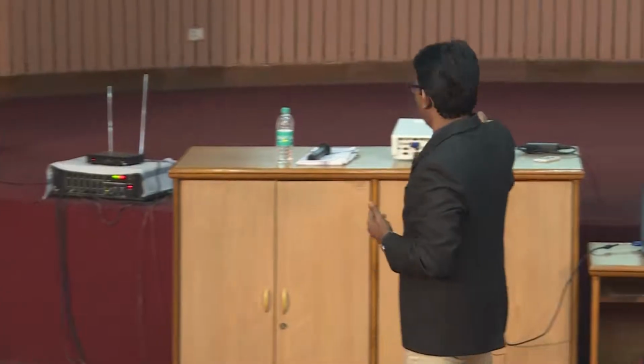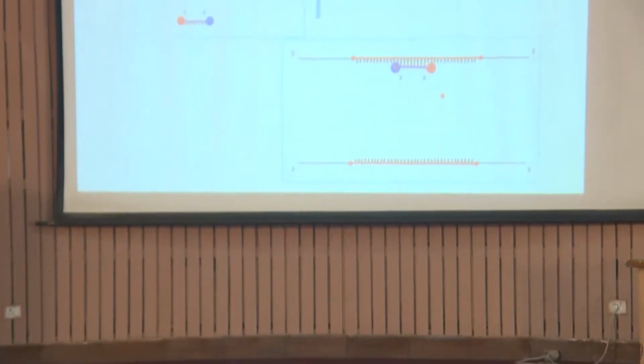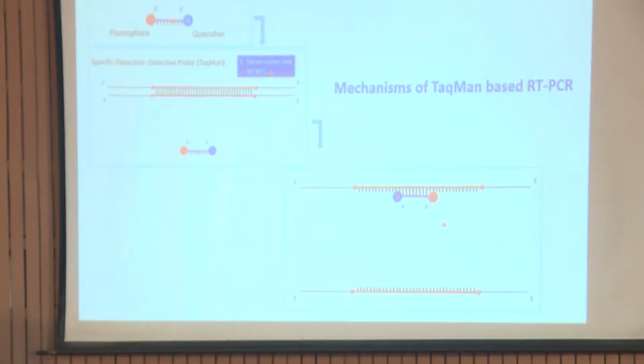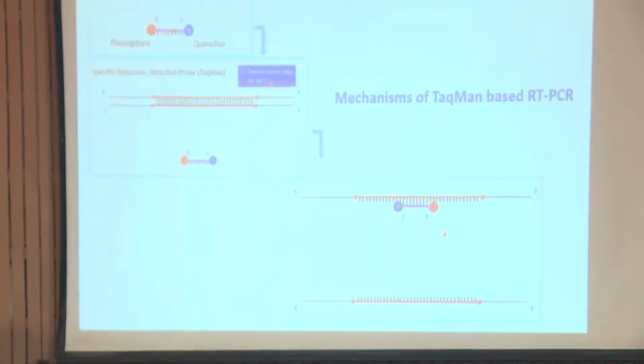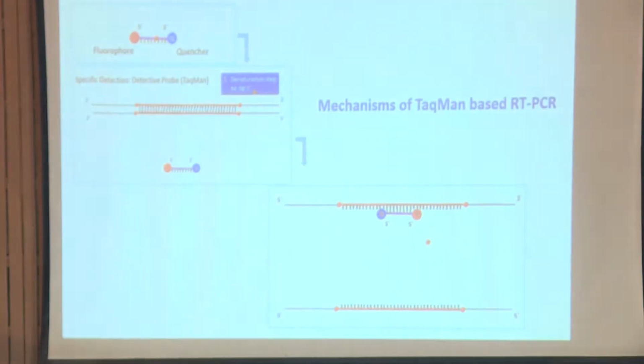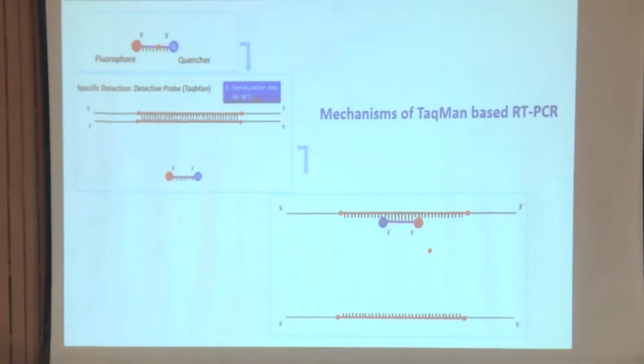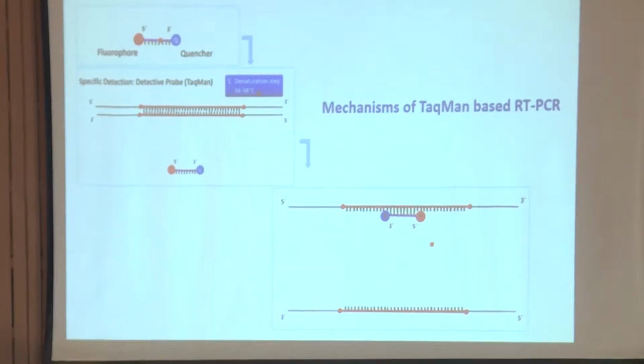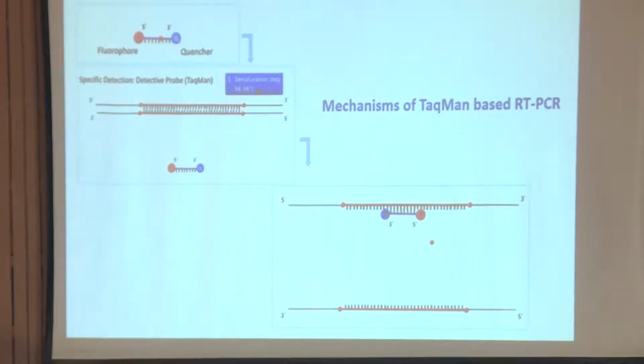It goes and binds there. Right? It bound here now. Is it clear? You can imagine a primer also will come here. Yes. Right. The primer also will go and bind. Where does it bind? Where you design the primer. Right. The only point you need to remember here is probe sequence and primer sequence should be different.